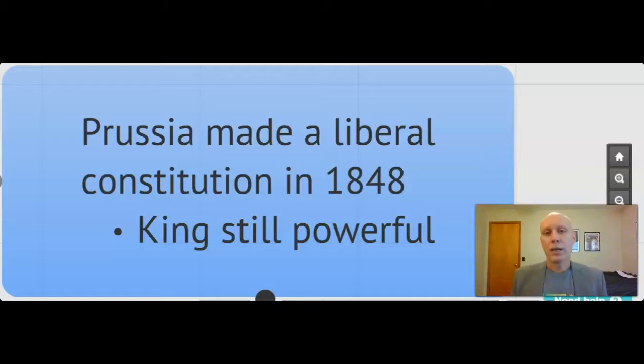By saying they put together a liberal constitution, basically what this really meant for Prussia is they had somewhat of a balanced government structure between having a king that had all the power versus having all the power in the hands of some kind of elected legislative body. They really had a blend at this point.